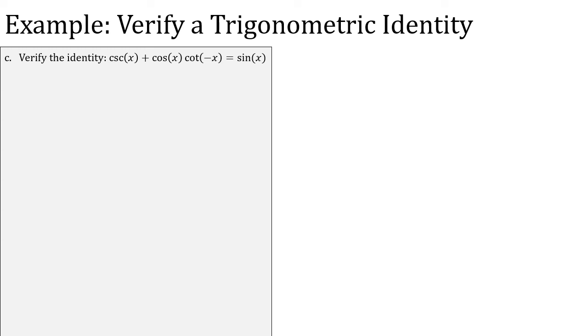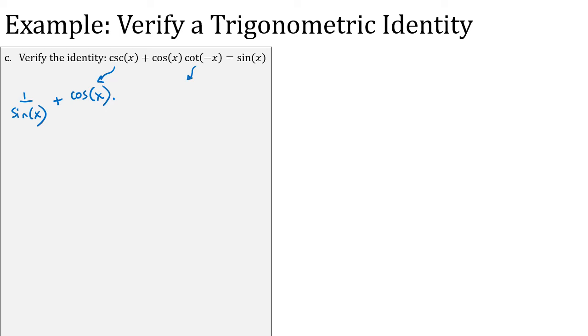The first thing I'd like to do is rewrite both the cosecant and the cotangent in terms of sine or cosine. So the cosecant of x turns into 1 over the sine of x plus the cosine of x times, now let's talk about this cotangent of negative x.